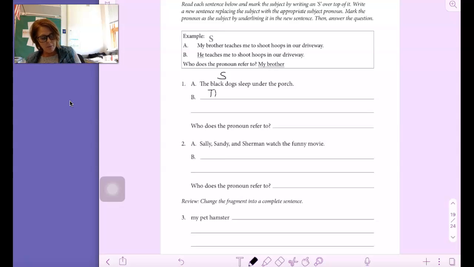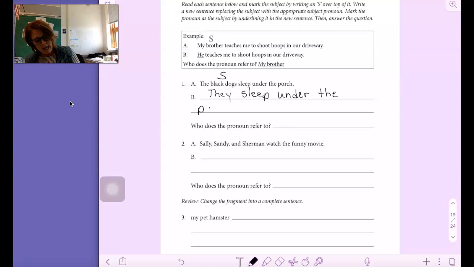They is the appropriate one. Sleep, and we're rewriting the whole sentence. So all our words should be spelled correctly, capital at the beginning, period at the end, and underline that new subject that we have. And who is they referring to? The black dogs.